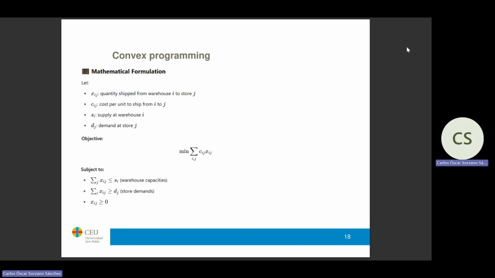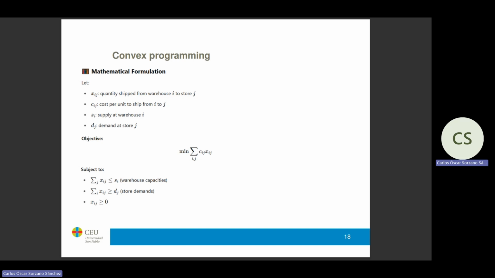But then, what you are transporting from I, you are transporting from I to all possible J's, so the sum over all possible J's has to be smaller or equal to the warehouse capacity I. And then all the stores have to be supplied, so what you transport from I to J, summed over all warehouses, has to be larger or equal to the store demand.